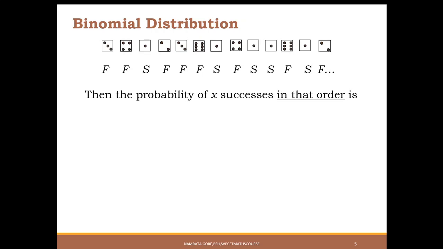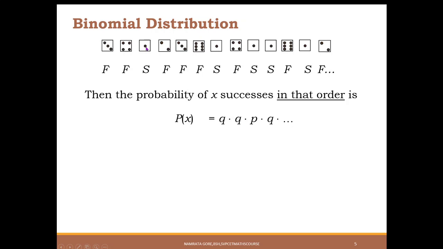Then the probability of a particular sequence begins with Q, the probability of failure, corresponding to the first result where our trial has failed. Here also F, that is failure, so Q again, the probability of failure.